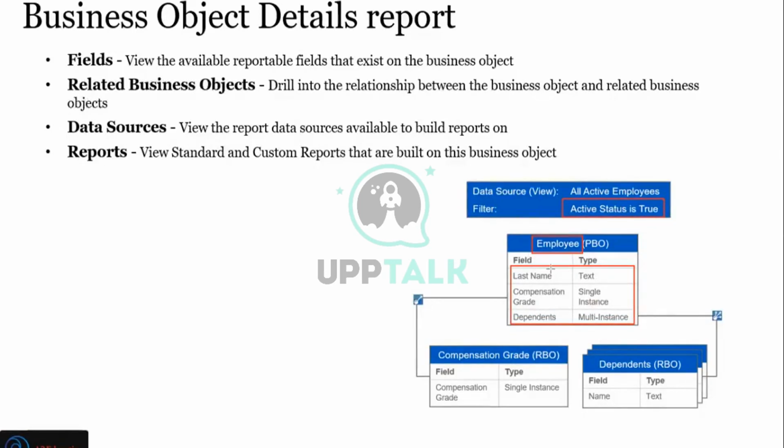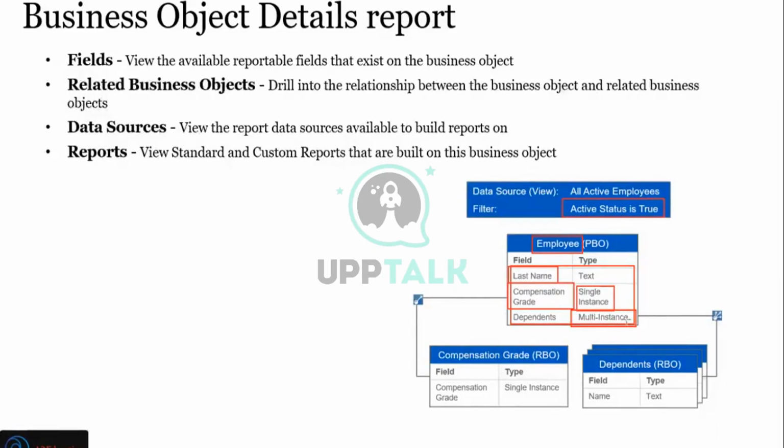Each employee would have a last name. Each employee would have a grade. I'm a manager, manager level 1 and so forth. Now, this is a single instance. I can only have one grade for a position, but then I can have one to many or zero to many dependents.